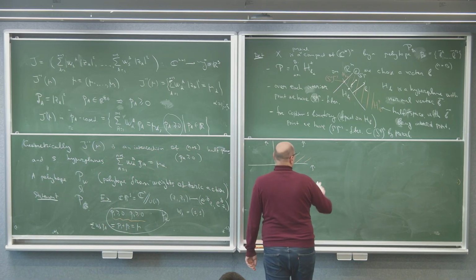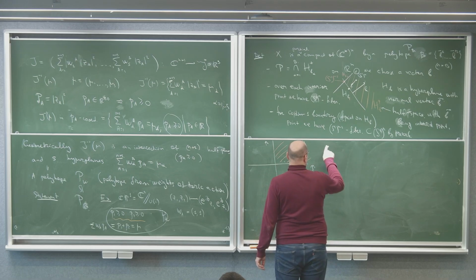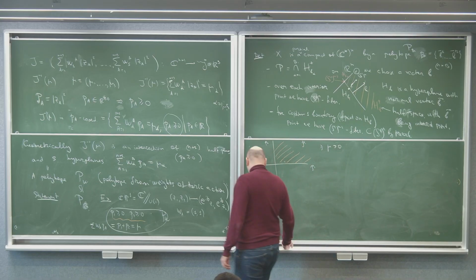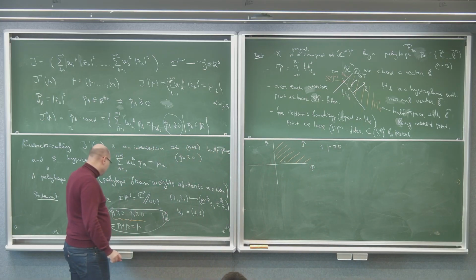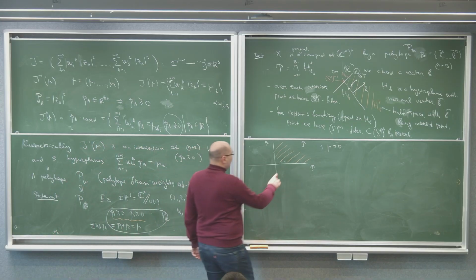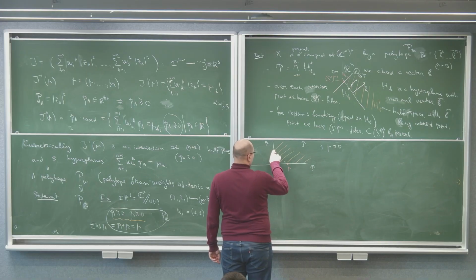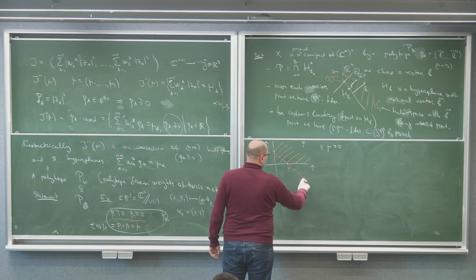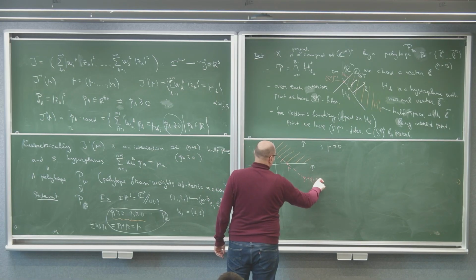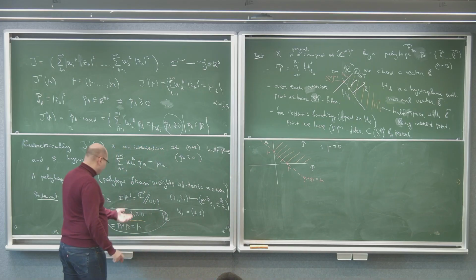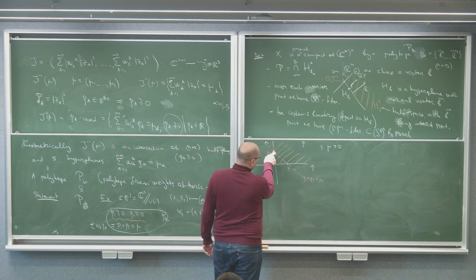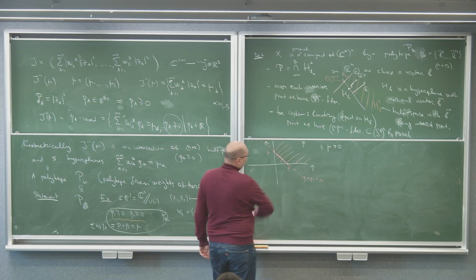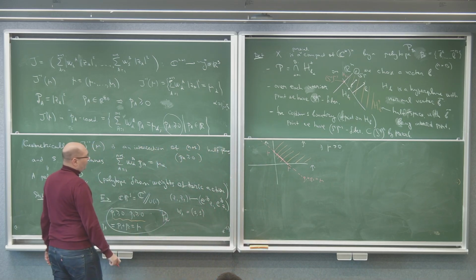And here we have several options. So let me start with mu positive. If mu is positive, then this line defined by rho 1 plus rho 2 equals mu intersects the axis at the value mu. So that is this line. And we are only interested in the part of this line which lies inside the positive quadrant.